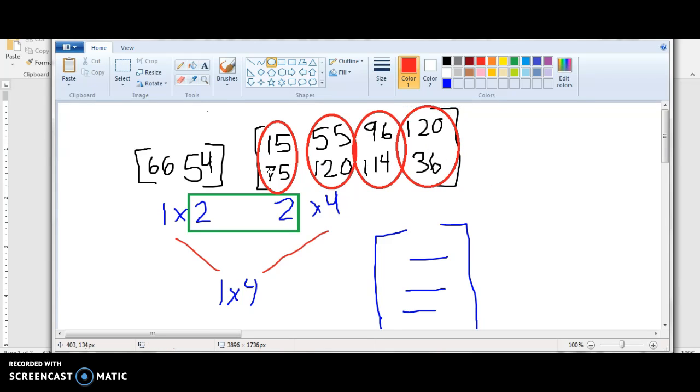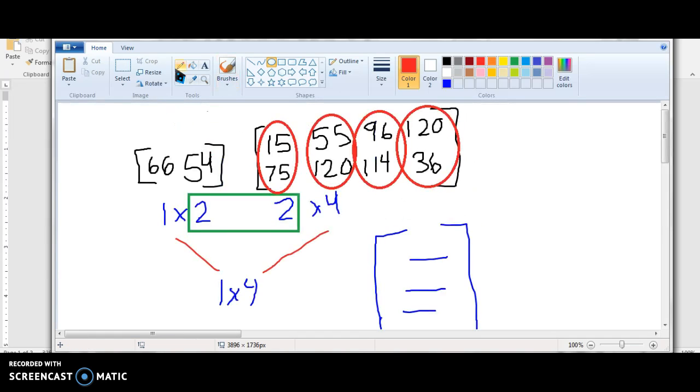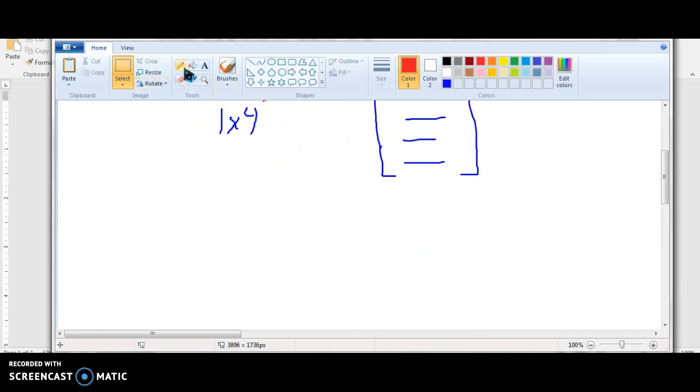Alright, so we're going to multiply these numbers by these numbers. So we're just going to do it just like this. Let me scroll down so we have room. Grab this right quick. That's 66 and 54. Bad number.